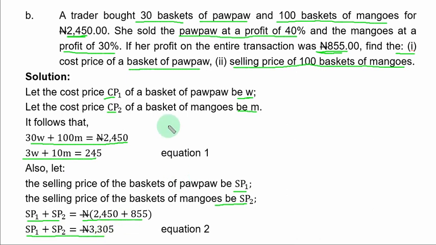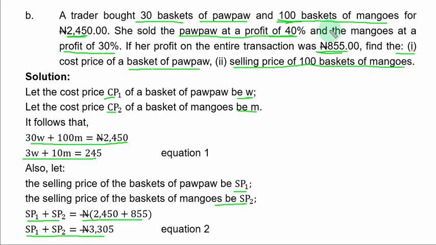Remember, we have to look for the cost price of pawpaw and the selling price of 100 mangoes. So let's see what follows. But before that, you have a profit of 40% for pawpaw and 30% for mangoes.